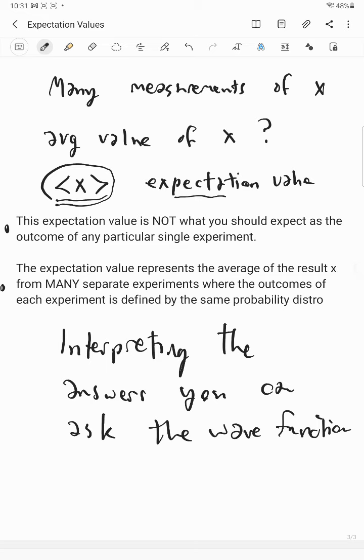And if you ask it this way, it will return for you not the result of any particular single measurement of something, but the average value you would expect to have after doing the particular measurement hundreds of millions of times. So it's truly a statistical statement. It's not telling you what you're going to get when you do the experiment once.